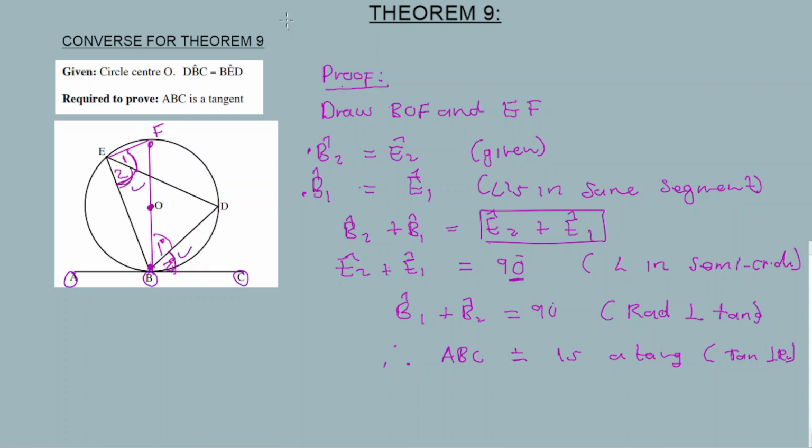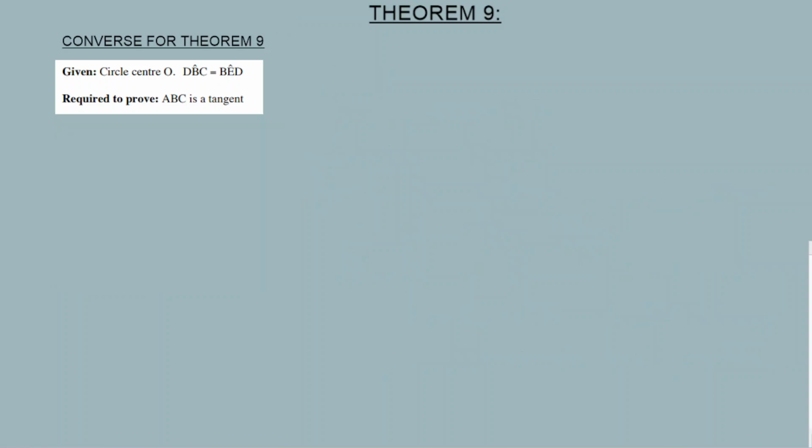So this is how you prove your converse. You always check what you are given. Sometimes you will find you are asked to prove something that is not there, or prove something wrong. So it's important to check what to prove.